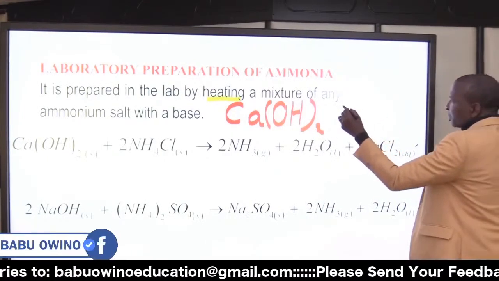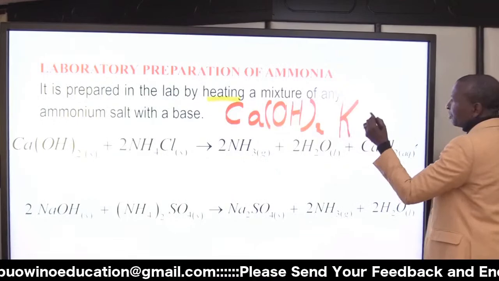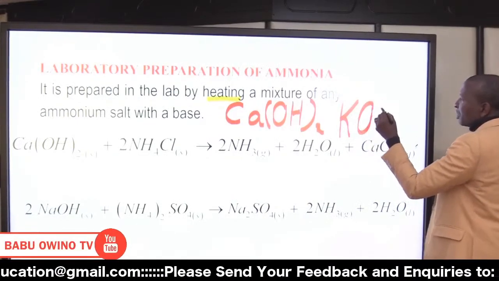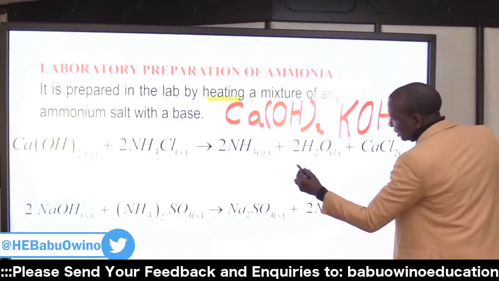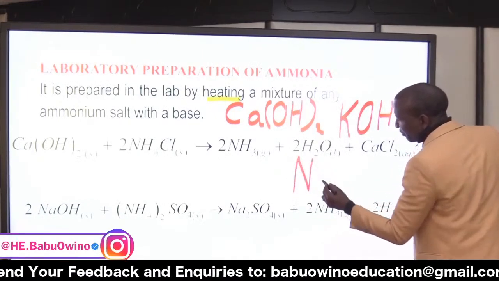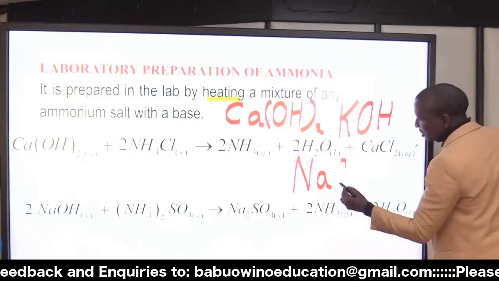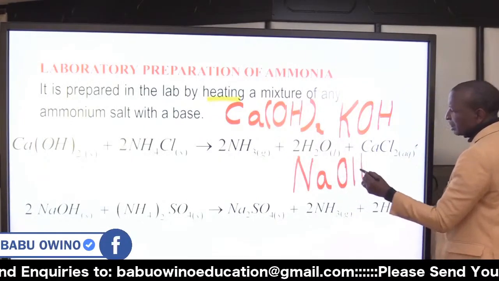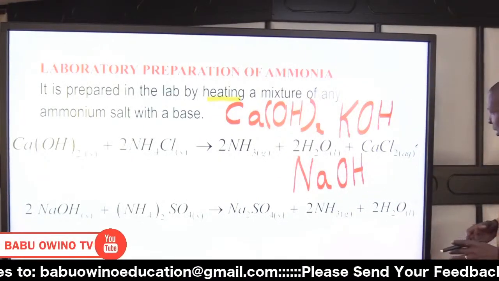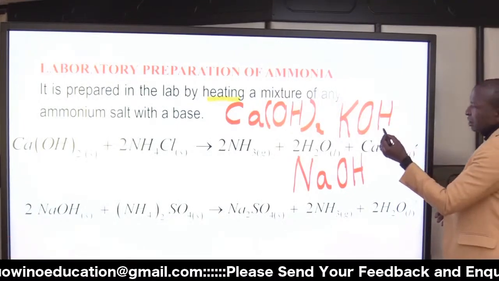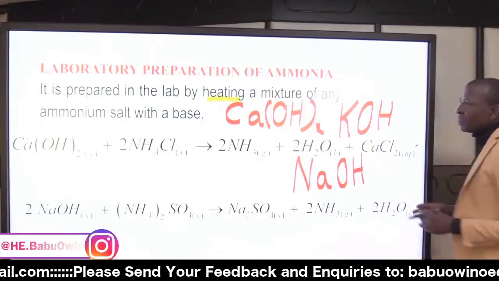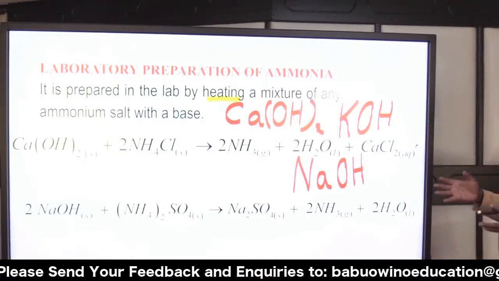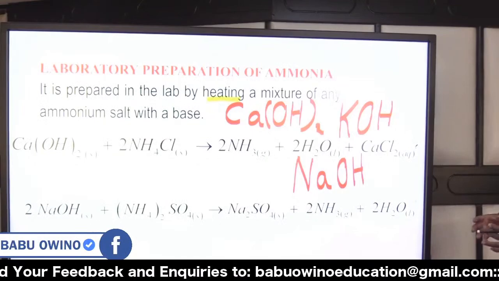We can also use potassium hydroxide, and we can even use sodium hydroxide. So those are the three bases that we can use. We have the potassium hydroxide, we have the calcium hydroxide, and we have the sodium hydroxide. Those are the three bases that we can use in this reaction.